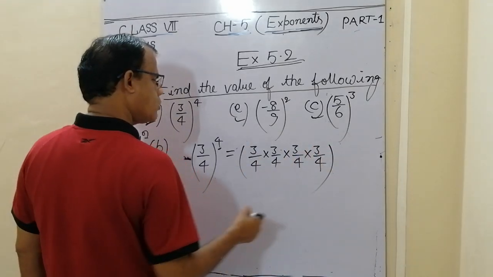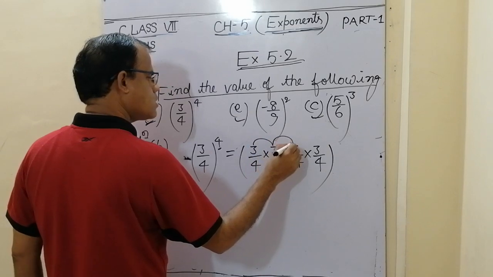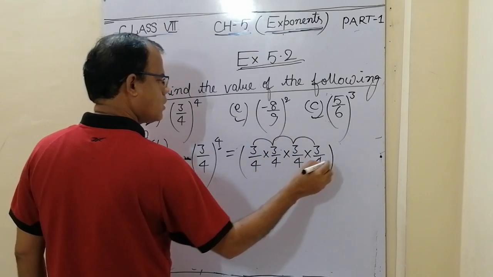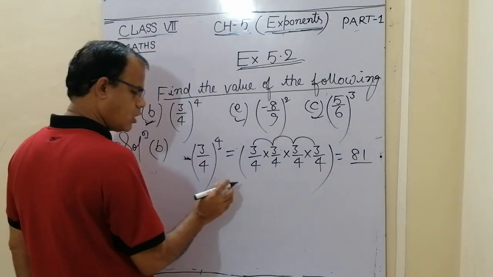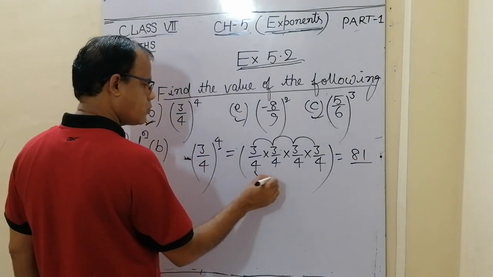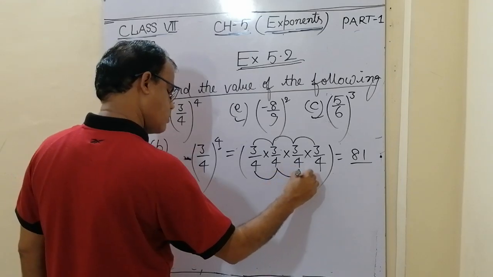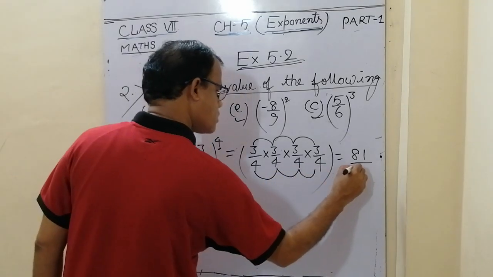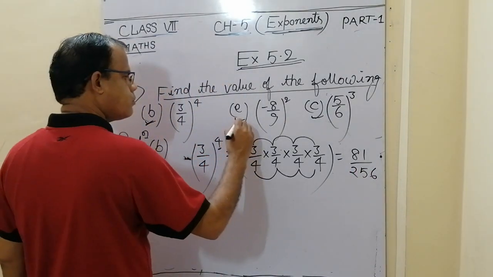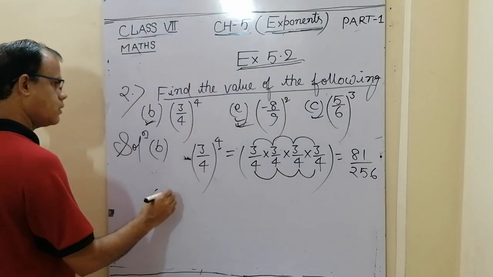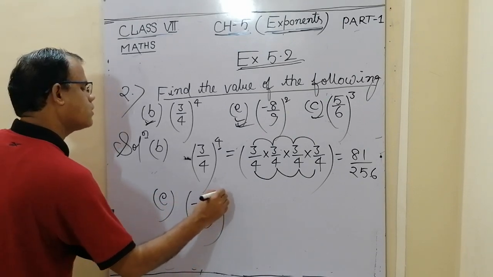So here you can see 3 threes are 9, 9 threes are 27, 27 threes are 81. So the numerator is 81. Now come to the denominator: 4 fours are 16, 16 fours are 64, 64 fours are 256. So this is the final answer. Look at some more examples, like E part, (-8/9) squared.